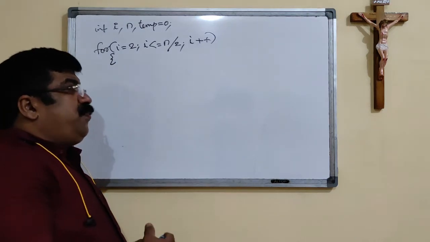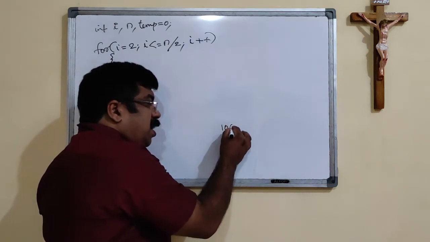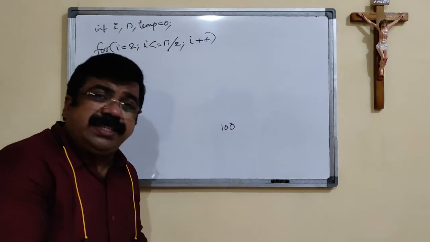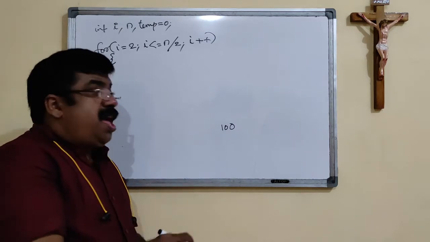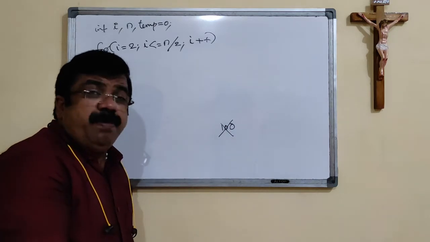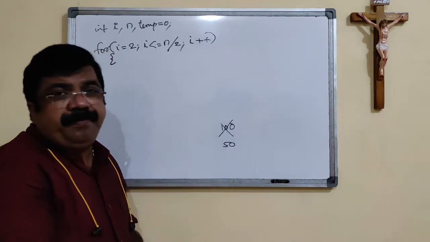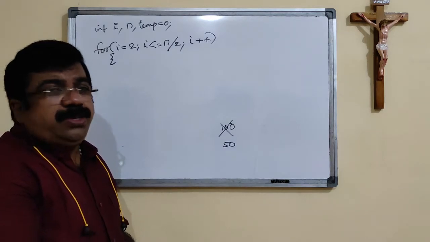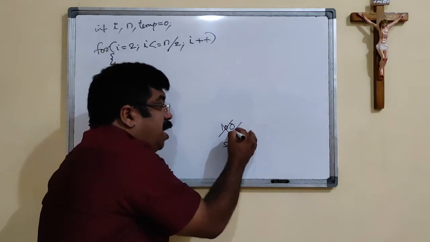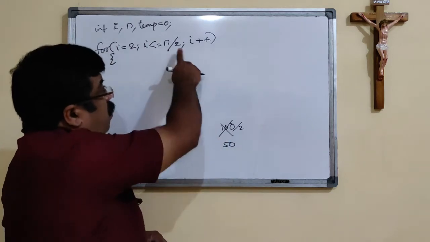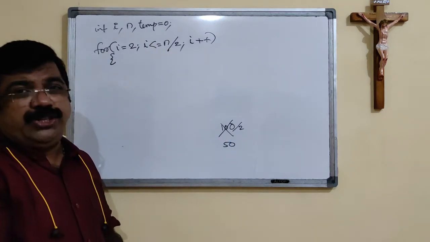Now, if 100 is there, the highest factor for 100 other than 100 will be 50. So that is 50, which is 100 divided by 2. That is why we wrote n by 2.